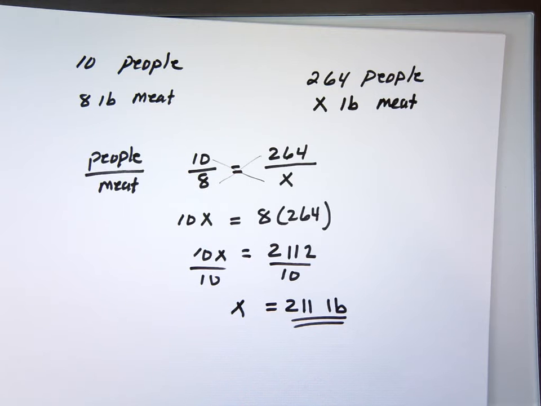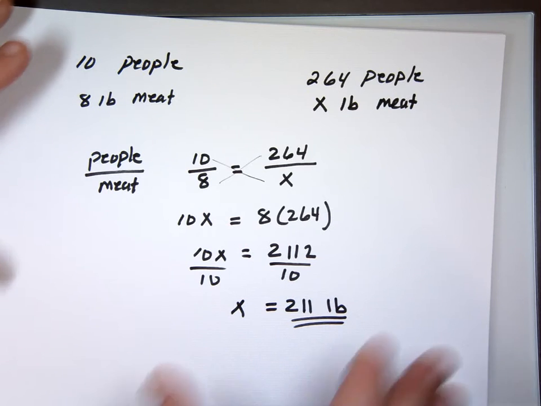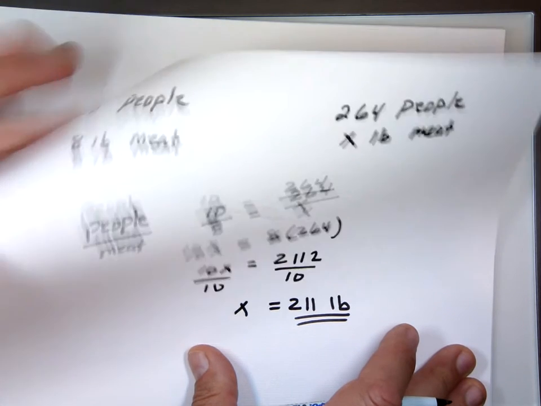Maybe I'll do one more example where proportions are used. Proportions are used in wildlife estimations. Notice the word estimation, because nobody knows exactly how many. Take Alaska.